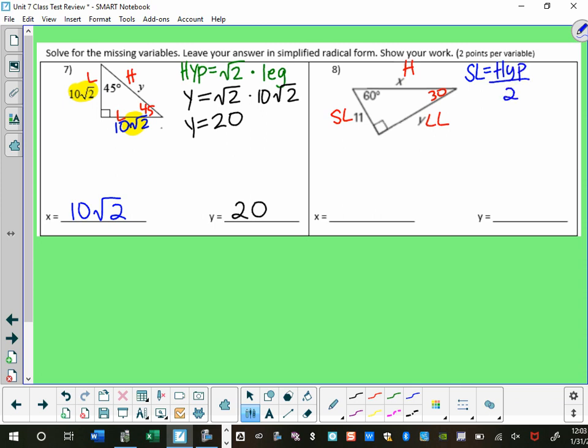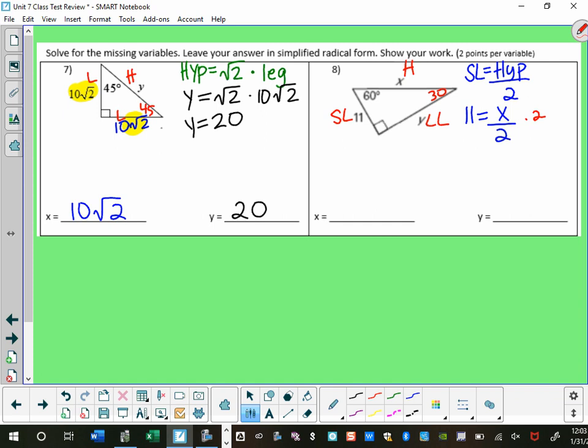So my short leg, see if you come up with 11. My hypotenuse is x divided by 2. Do we multiply on each side? Yes. In order to get x by itself, I need to undo this operation.